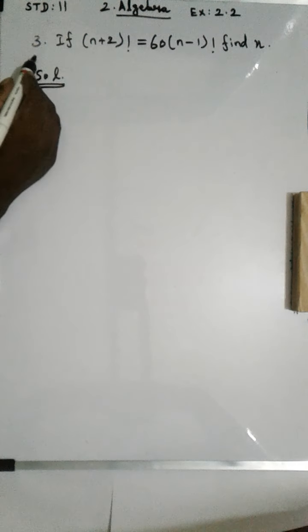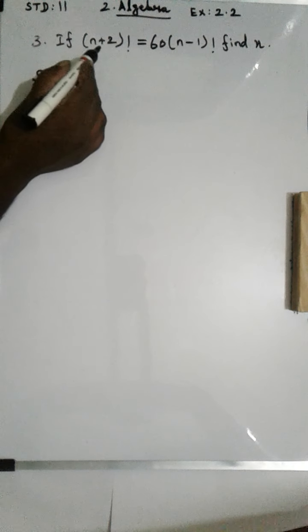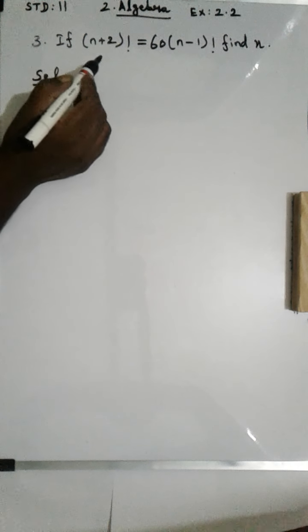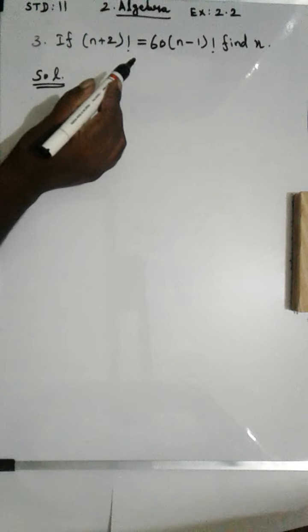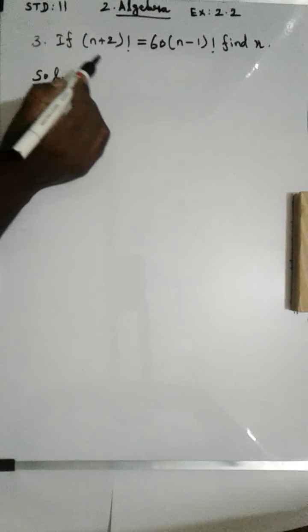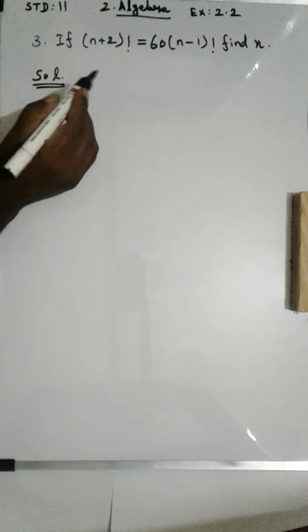Third sum, if n plus 2 factorial equals 60 into n minus 1 factorial, find n.